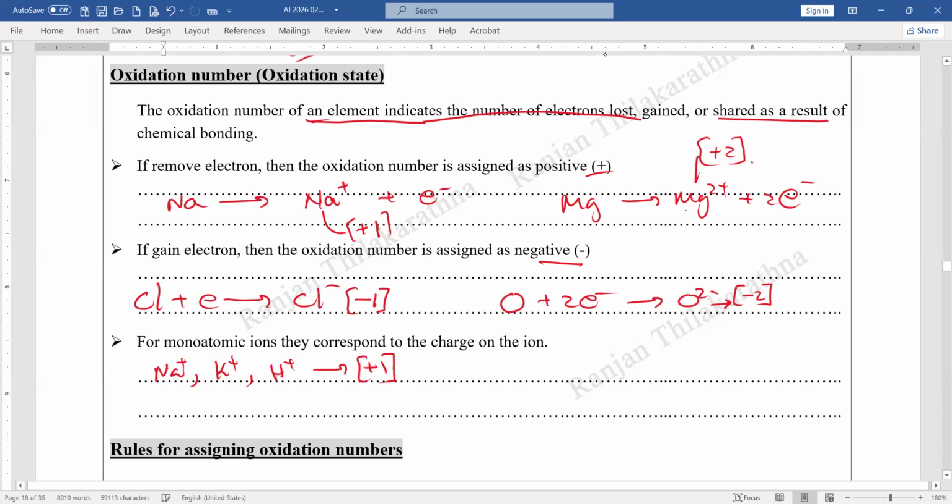If you get Mg2+, Fe2+, then the oxidation state is +2. Fe3+, aluminium 3+, then the oxidation state is +3.